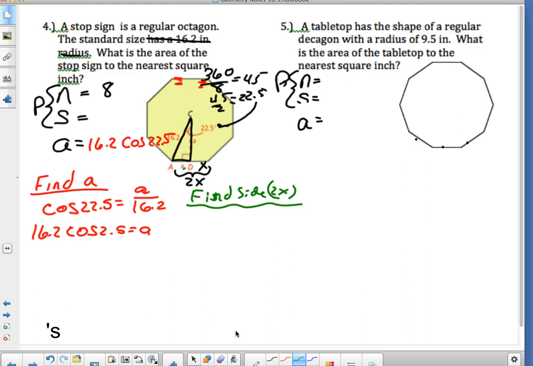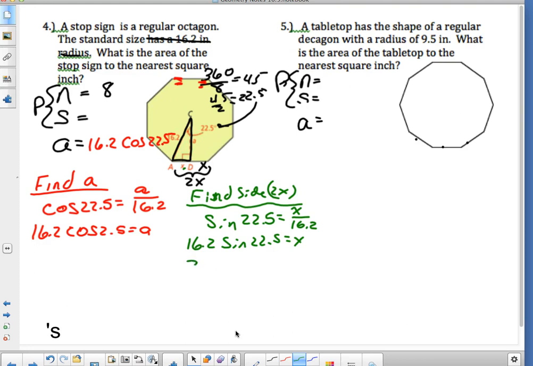Well, my side is x. And in this case, it's opposite over hypotenuse, it's sine of 22.5, which equals x over 16.2. That's 16.2 sine of 22.5 is equal to x. But remember, I said we had to double that because that's only half my side. I got to multiply it by 2 to get the whole side.